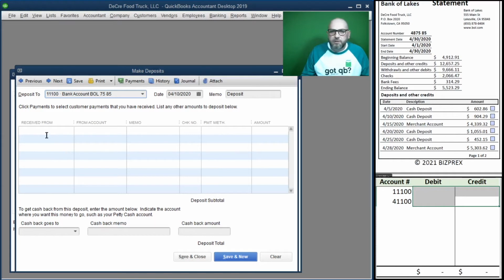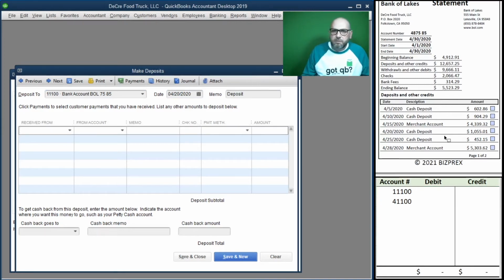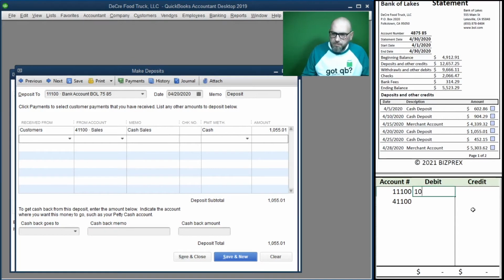All right, we have another cash deposit. All right, so that's our customers. Sales, everything is the same. Not much change here. All right, again, bank account is going up.